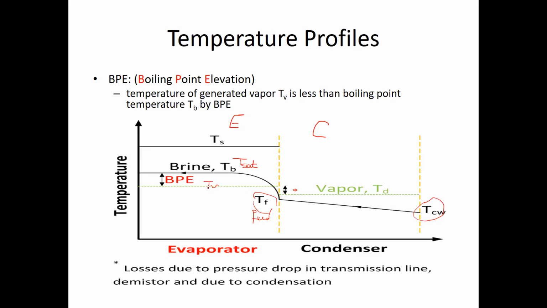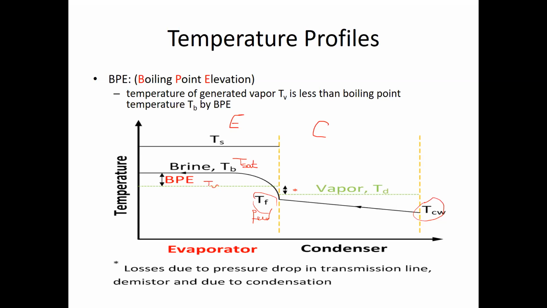The second thing is that the vapor temperature that forms in the evaporator is less than the saturation temperature by something that we call boiling point elevation. What is that? Pure water boils at 100 degrees centigrade if it is under atmospheric pressure. But if you bring seawater at atmospheric pressure, it will not boil at 100 degrees centigrade because it's not pure water.